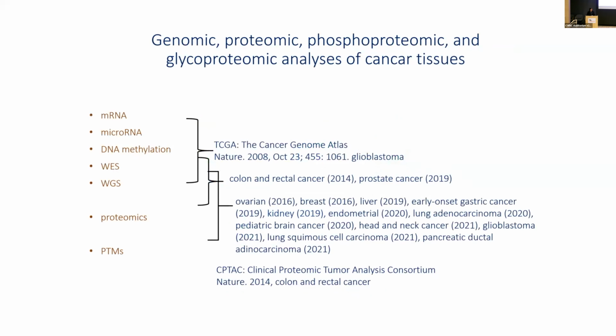Although cancer tissues have been characterized by genomics and transcriptomics by TCGA and a number of other studies for tens of thousands or hundreds of thousands of cases, tumor proteogenomic characterization of cancer is just the beginning. So far, there are 11 cancer types, roughly 1,000 to 2,000 cases, that have been characterized by proteogenomics.